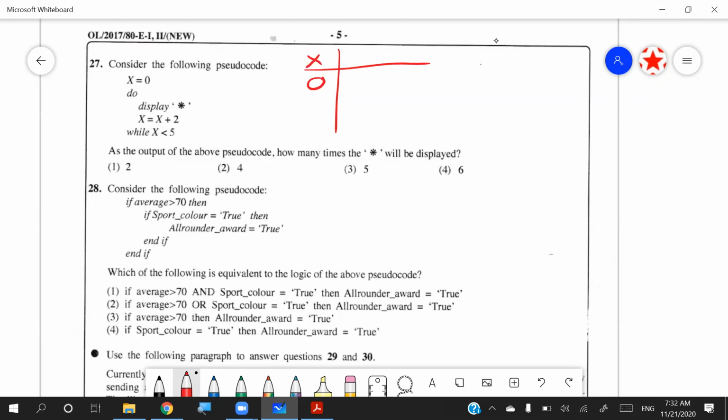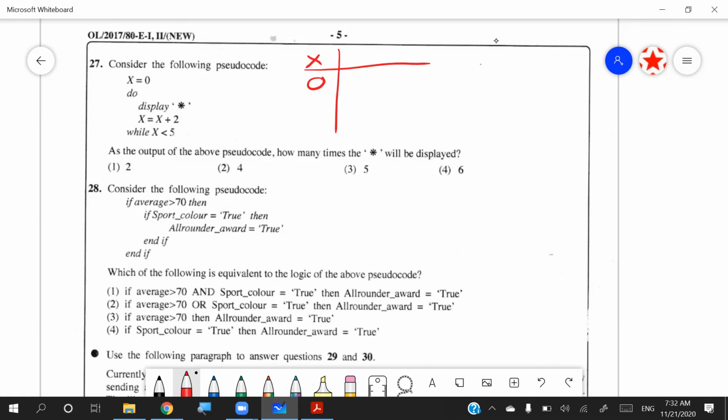Now, while and do while are very similar. The only difference is that in a while, the condition is checked first, then it comes into the iteration statements. But in do while, the iteration statements are executed first, then the condition is checked.